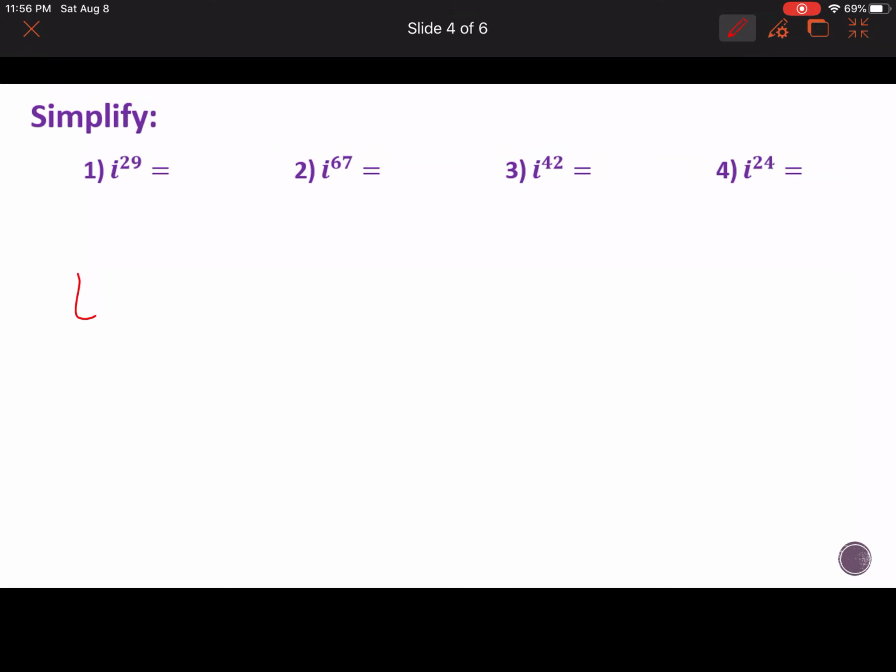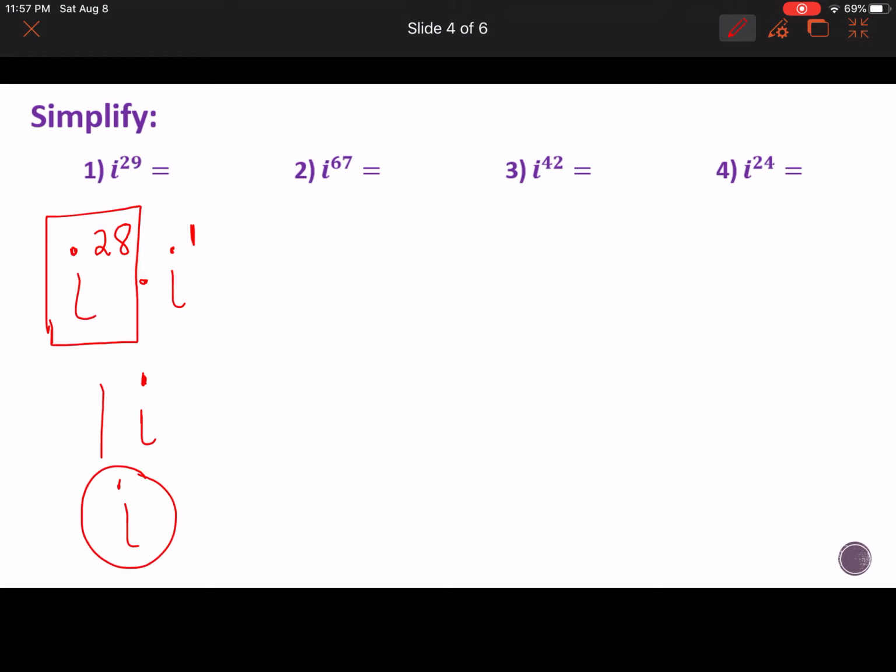So I'm going to separate this to i to the 28 times i to the first. 28 plus 1 is 29. Because this is a factor of 4, I know that this is going to equal 1. And I also know that i to the first is i. So we have 1 times i, or i. That is the answer. That is what i to the 29 would simplify down to.